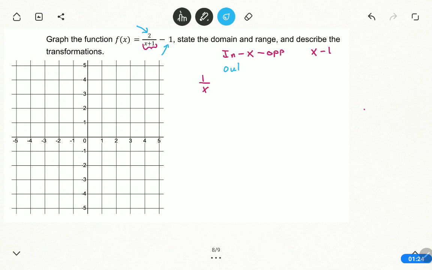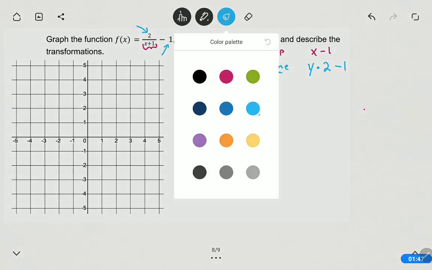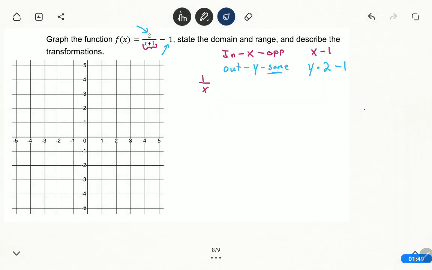So outside affects y values, but it affects them in the same way. With that, I'm going to take my y values, and since it affects them in the same way, that means we also follow order of operations. So we are going to multiply by 2, and then subtract 1. With that, I have my transformation rules that I can use on my ordered pairs and my starting information.